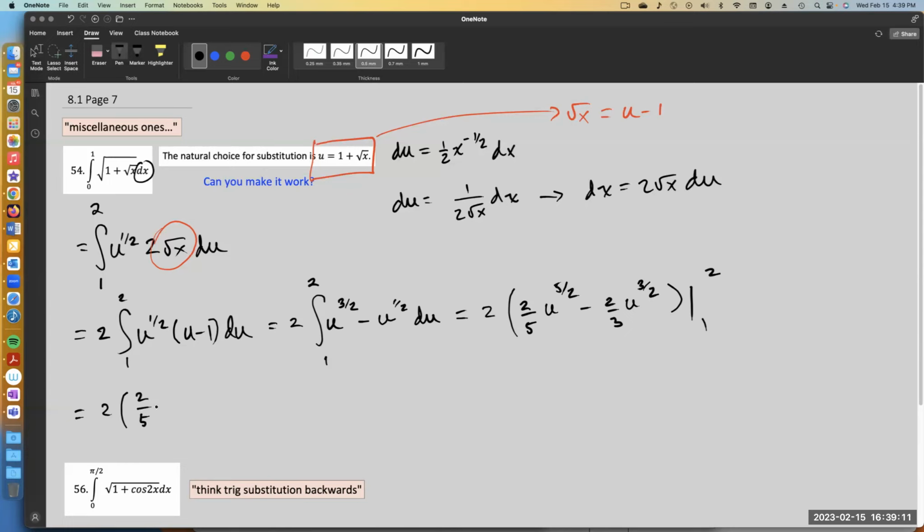So plugging in a 2 to 5/2. The 2 in the denominator of this exponent is a square root. So we're going to have the square root of 2 5 times. And square root of 2 5 times is 4 root 2. Minus 2/3 square root of 2 3 times is 2 root 2. And then we subtract off what happens at 1. And we get that.